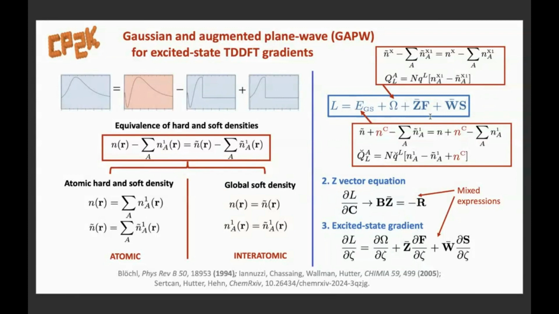The extension to excited state gradient, so here on the right, you also see again this sketch that we're setting up a variational Lagrangian, then we're solving the Z-vector equation to get our Lagrange multipliers, and then finally we're computing the forces, is in principle exactly the same as for GPW, except that we really have to introduce this separation into atomic and interatomic regimes, and we have to be a bit picky about ground state densities to discriminate ground state densities from excited state densities, because the ground state densities still include core compensation charges from the Ewald summation.